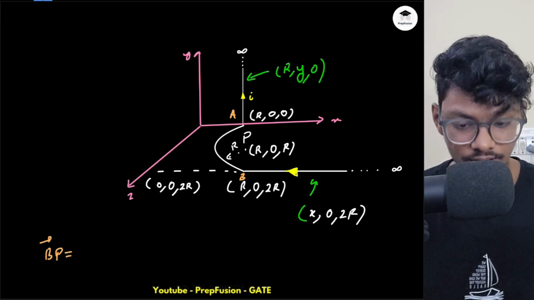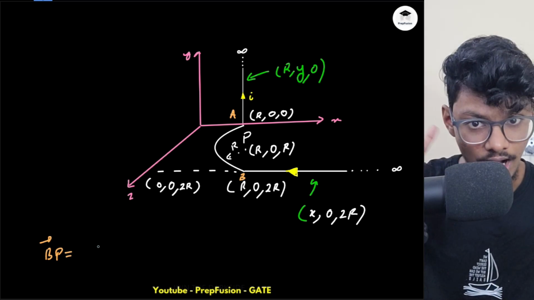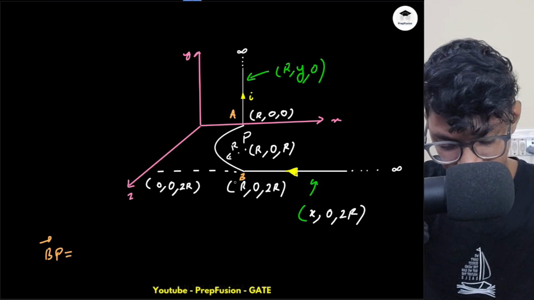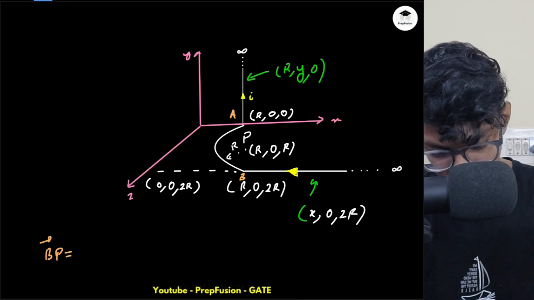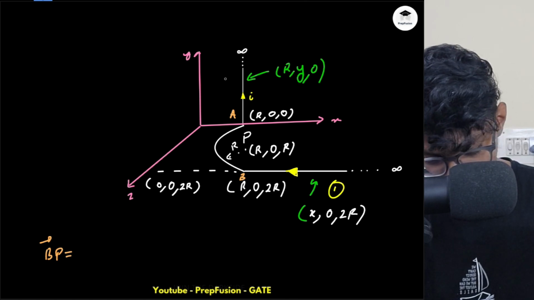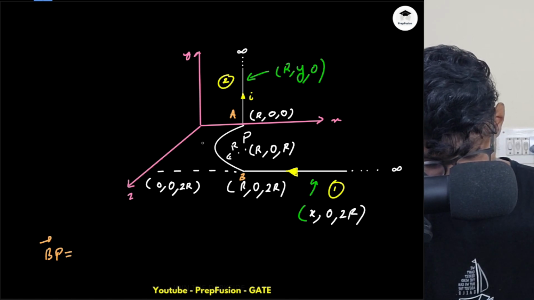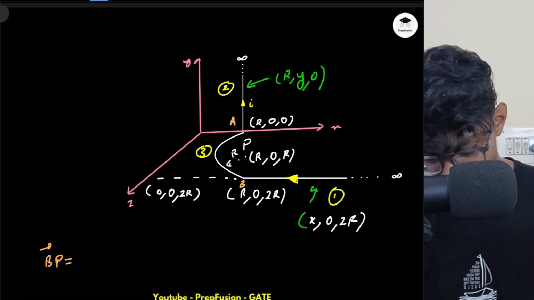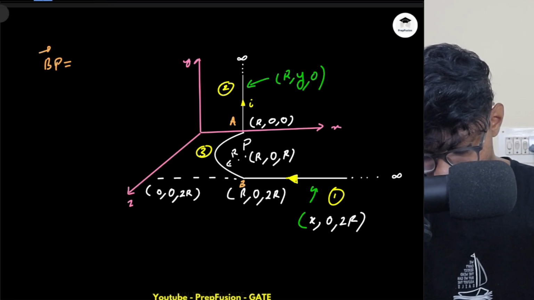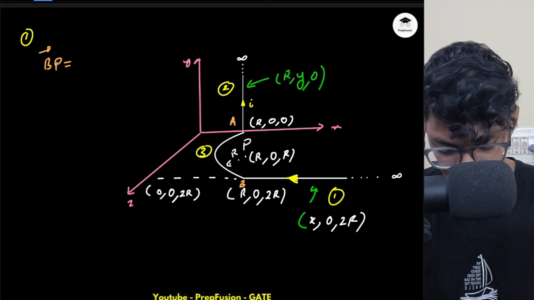That will give me the r vector for this particular segment. Let me name these segments 1, 2, and the semicircular one is 3. So for the first segment, what will the BP vector be?